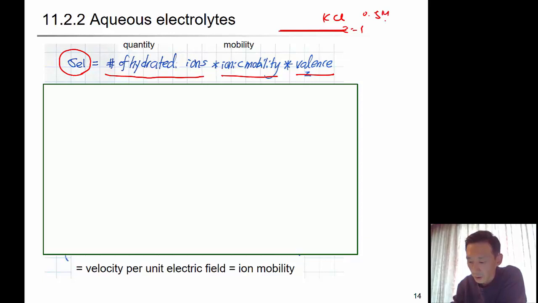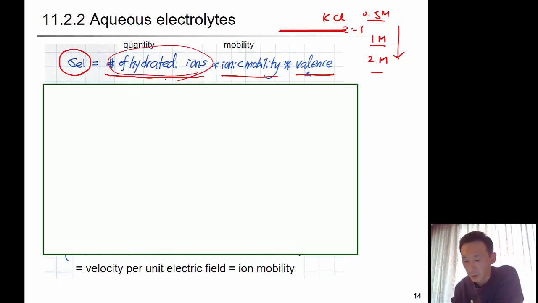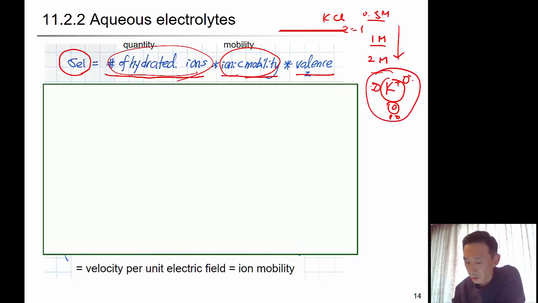As the concentration increases, you will have more hydrated ions. So the electric conductivity will be proportional to the number of ions, that is the concentration, and also the ion mobility. For potassium with water molecules, this ion cluster, how much is the ion mobility of this ion cluster? This will determine the ion mobility.